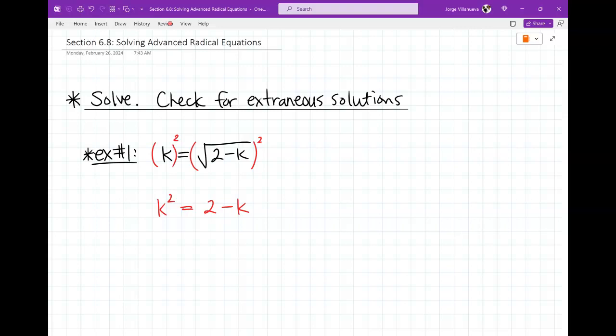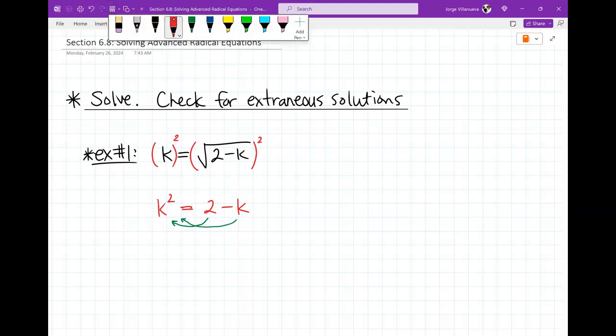So I'm going to get the 2 and the minus k, and I'm going to move them over to the left-hand side. Now, instead of doing minus 2 on both sides and plus k on both sides, I'm just going to draw arrows. And remember, when you switch its side, you're going to switch its sign, okay? So I'm going to switch this 2 over here and this negative k over there.